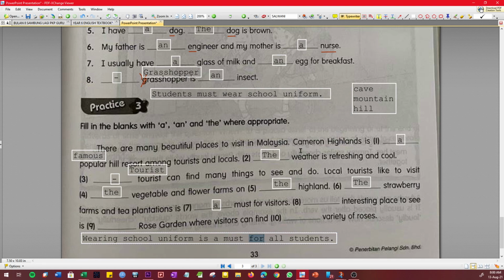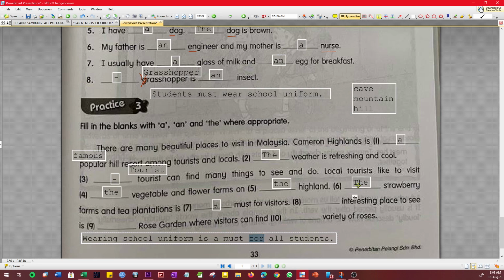Satu kewajipan, a must for the citizens. Okay, citizen. Satu kewajipan, right? A must, satu kewajipan. So the answer here is a must for visitors. The strawberry farms and plantations is a must for visitors.